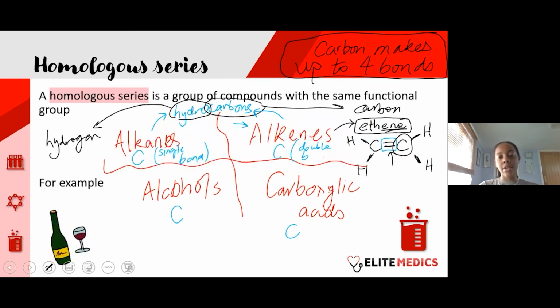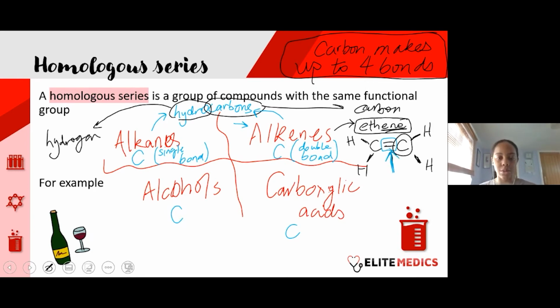So what you can see here is that we have alkanes and alkenes. Alkanes and alkenes are both hydrocarbons containing hydrogen and carbon, but alkanes have a single bond, okay, and that's denoted by a single line to another carbon, whilst alkenes are joined by double bonds, okay, as we see here.